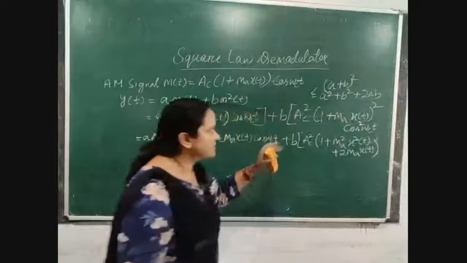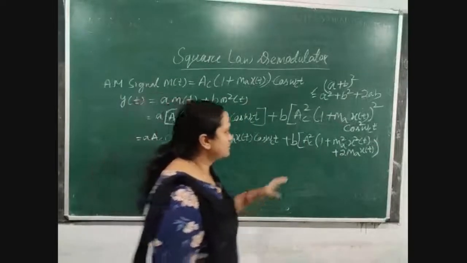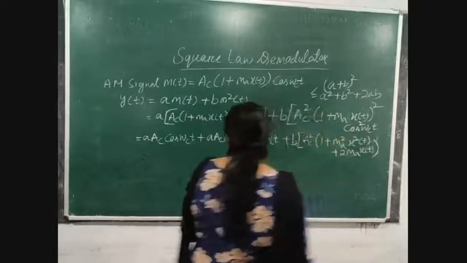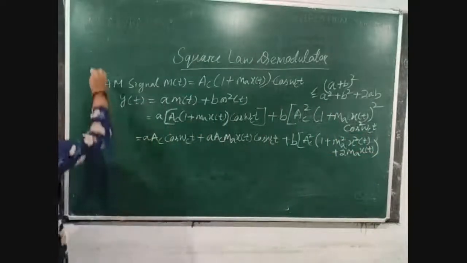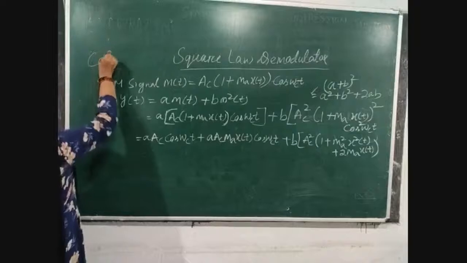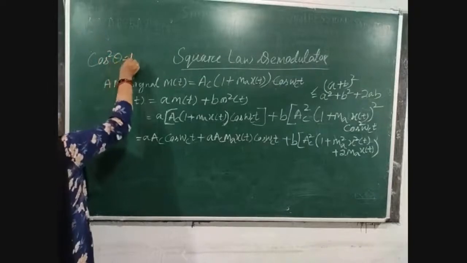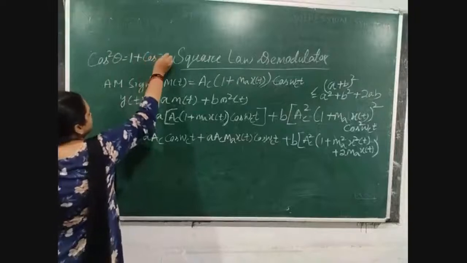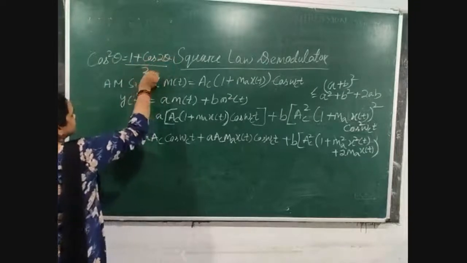First we apply the a plus b whole square formula, then in this term we apply another mathematical formula, that is cos square theta equal to 1 plus cos 2 theta by 2.